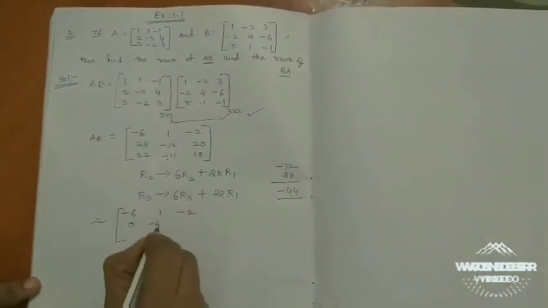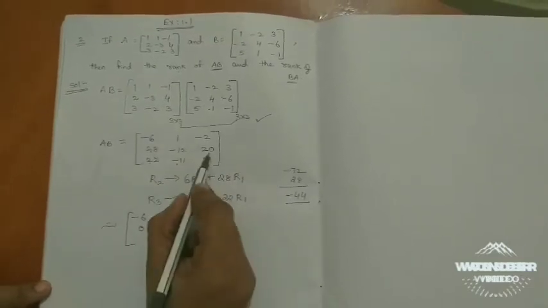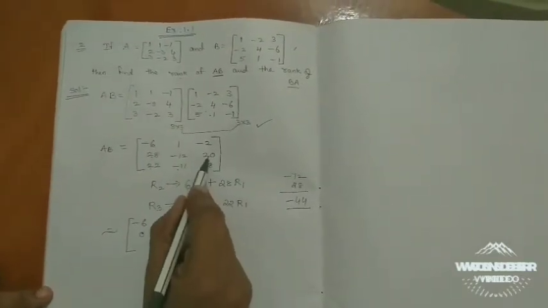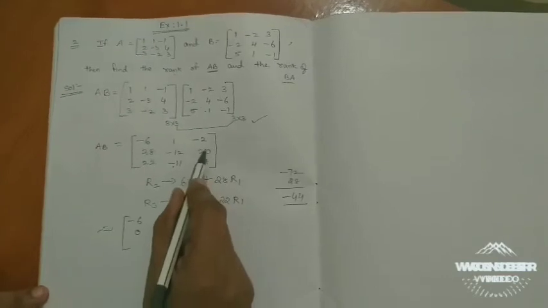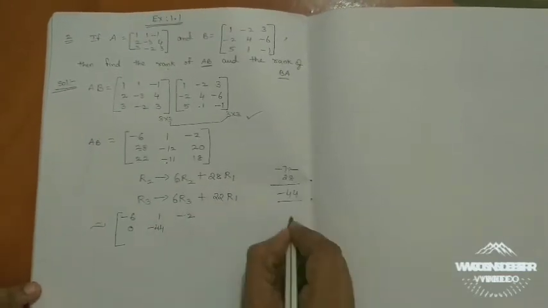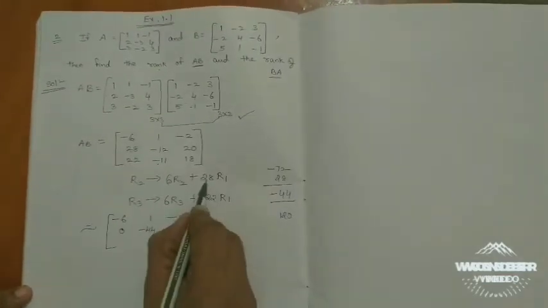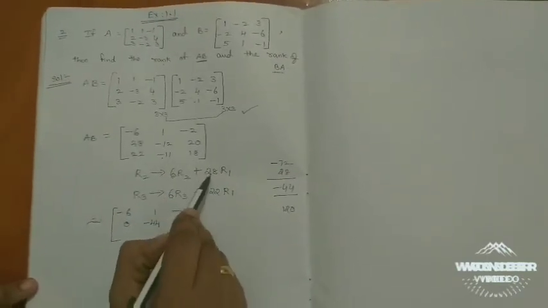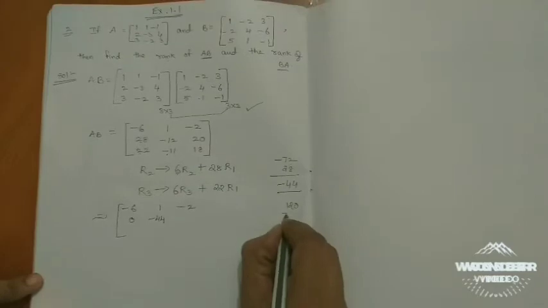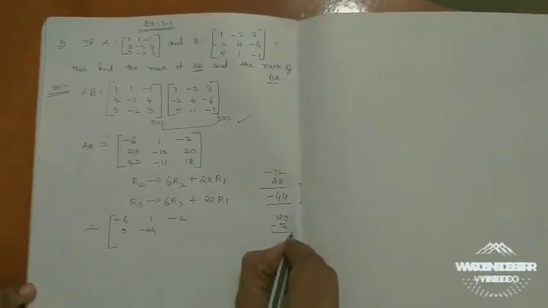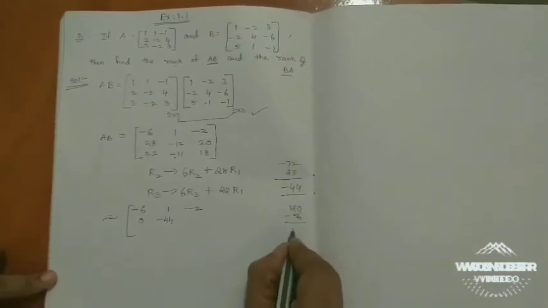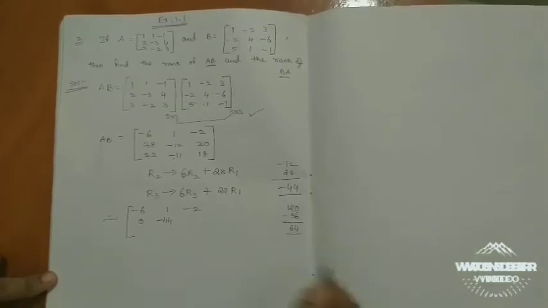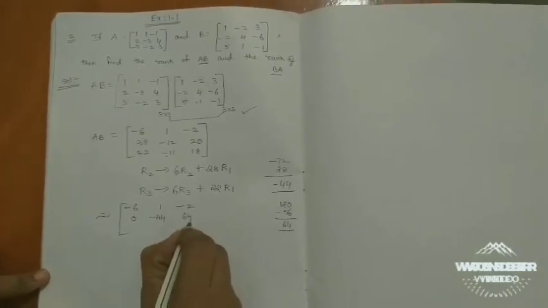So write down minus 44 here. Then 6 times R2: 6 twenties are 120, and 28 into minus 2 is minus 56. If I subtract this, I will get 64. So write down 64 here.